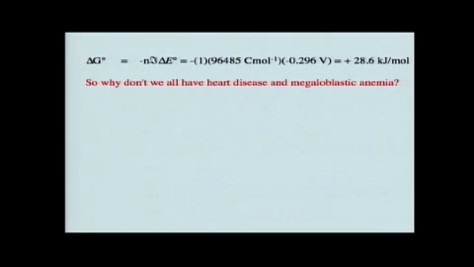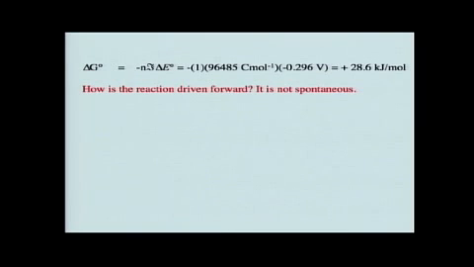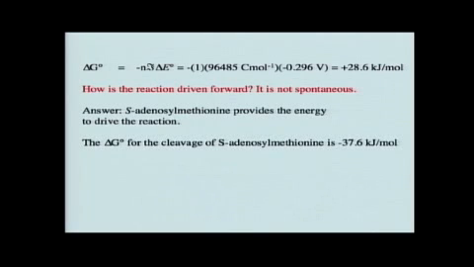So why don't we all have heart disease and megaloblastic anemia? Those are problems associated with this particular enzyme not functioning. What happens in this system is what happens in a number of biological systems. How do you drive something forward that is not spontaneous? You put energy into the system to drive that non-spontaneous reaction.